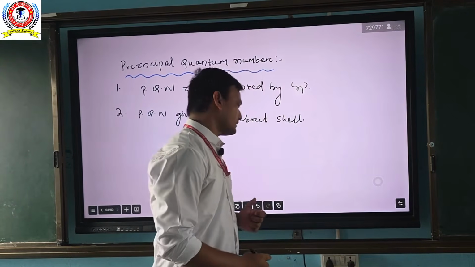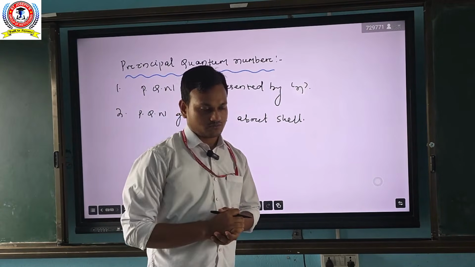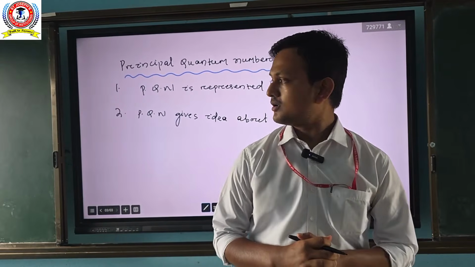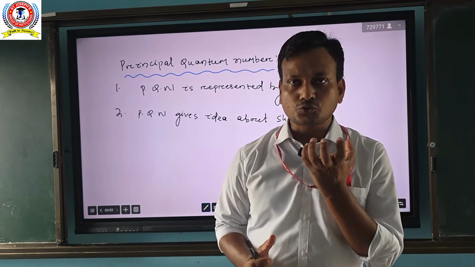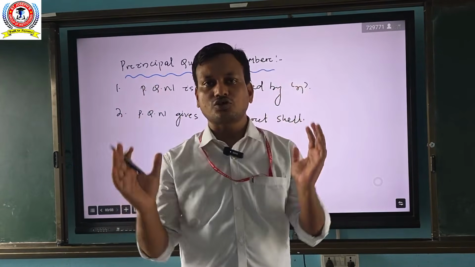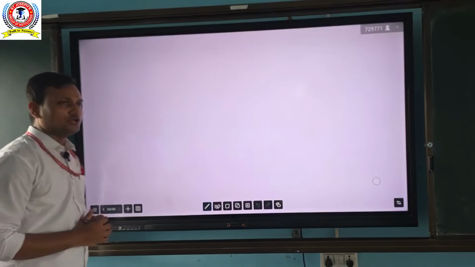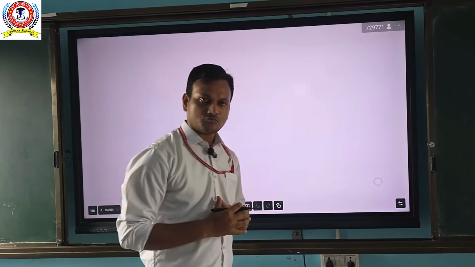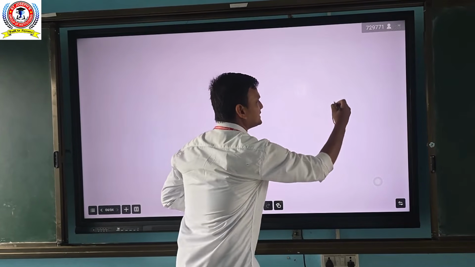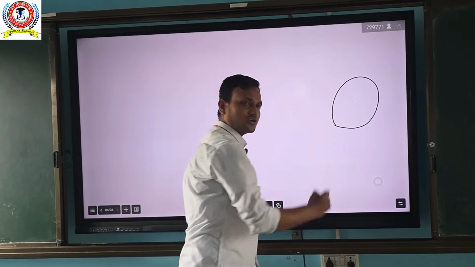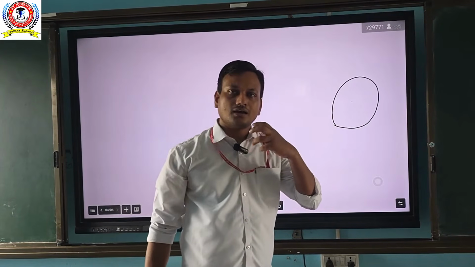One more thing, as we introduce principal quantum number, I want to show the complete structure of an atom. Now see, suppose we imagine a circle, and this is the center of the circle. Imagine an atom.